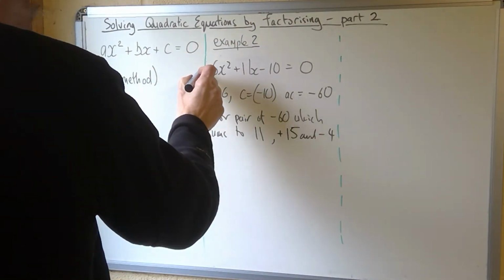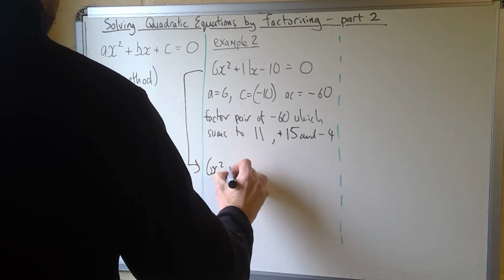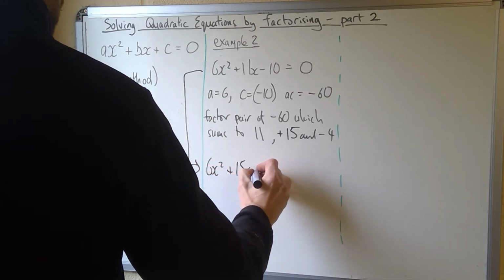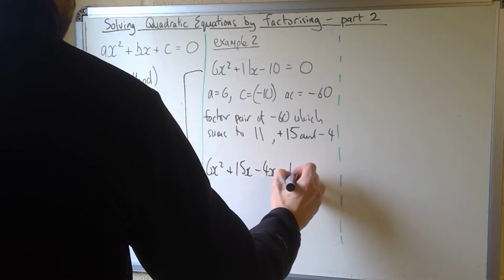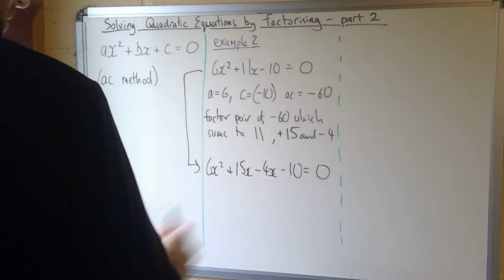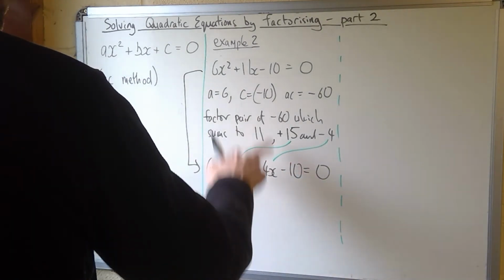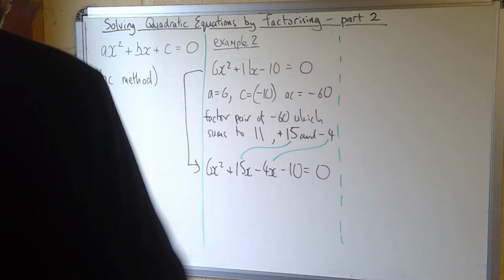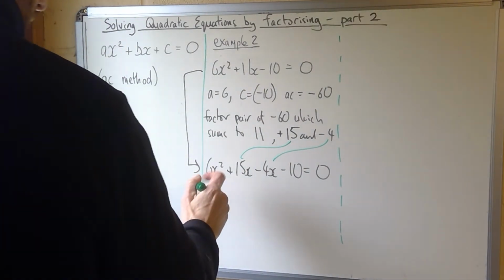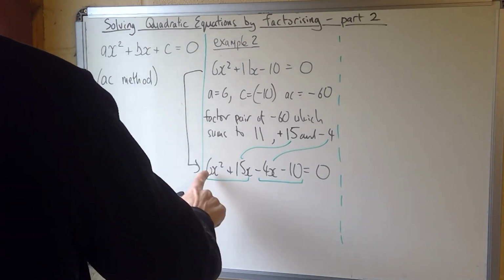So I'm going to rewrite this quadratic here, 6x squared plus 15x minus 4x minus 10 equals 0. So these two parts here come from what I did here in the AC method, and that's just exactly the same as 11x.